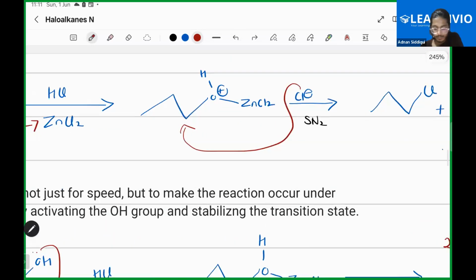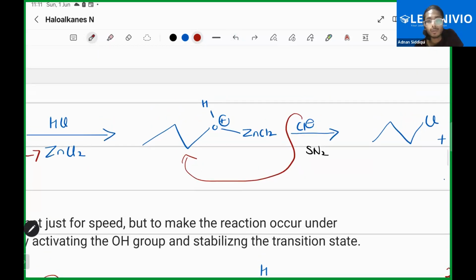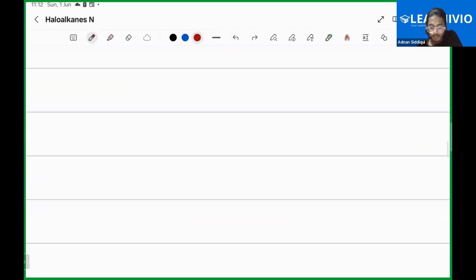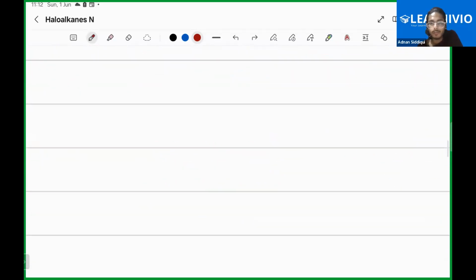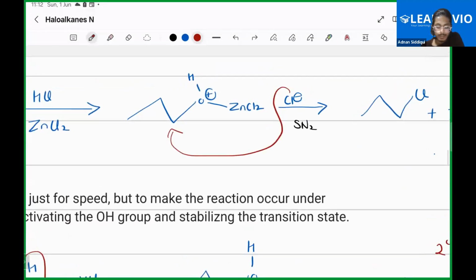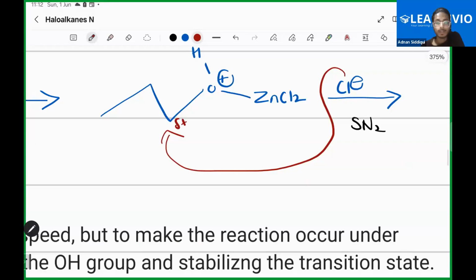So now, this chlorine is the nucleophile. If this chlorine had a tendency of 10 rupees, in case we were not using ZnCl2, but if we are using ZnCl2, this site is even more electropositive. So this negative charge will be more attracted toward this carbon site.